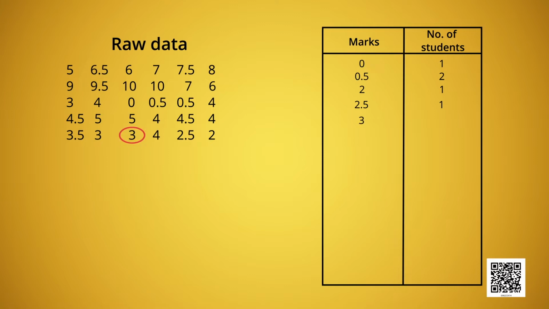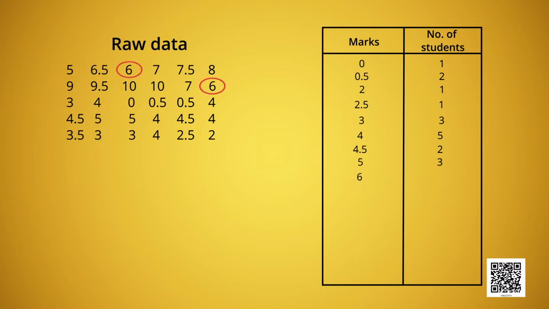Then 3, you can see that here 1, 2, 3. 3 students have scored 3 marks. Then comes 4. 1, 2, 3, 4, 5. 5 students have scored 4 marks. Then comes 4.5. 2 students have scored 4.5. Then comes 5. Clearly 3 students have scored 5 marks.